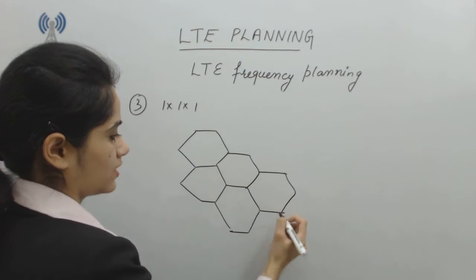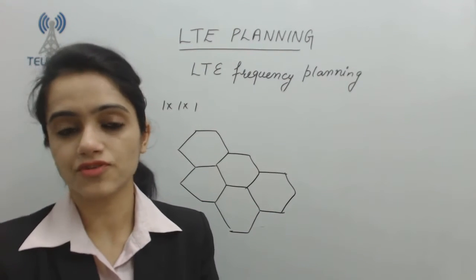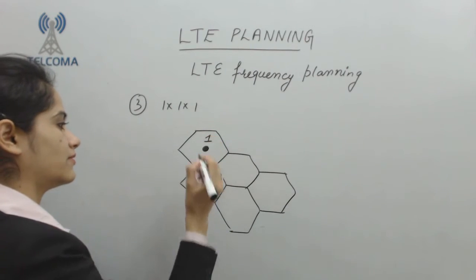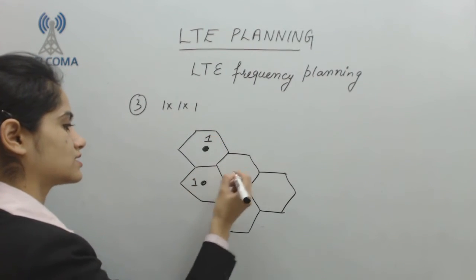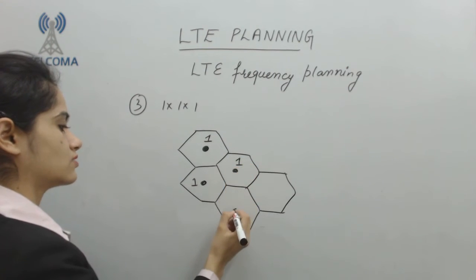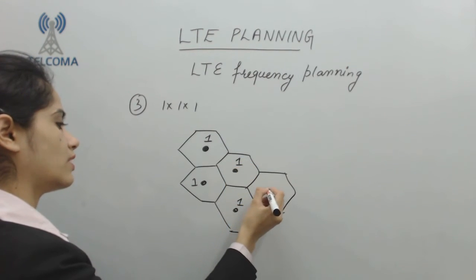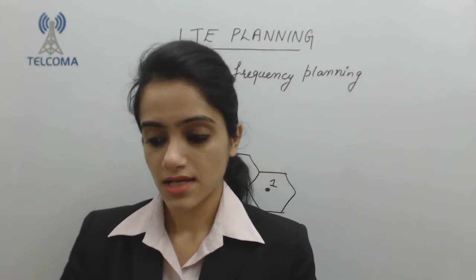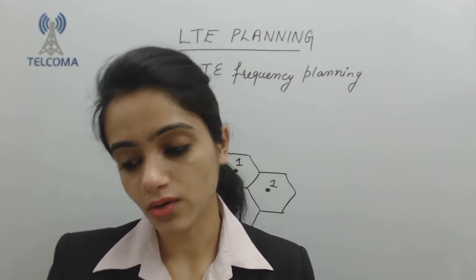Now we don't need to divide into sectors, we give this frequency to the entire cell. So for 1 eNodeB, 1 frequency radiates in all directions. For different eNodeBs, you have different frequencies, and they are radiating throughout the cell. So this is the 1 cross 1 cross 1 mode.